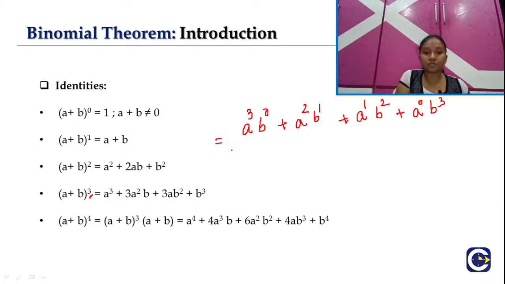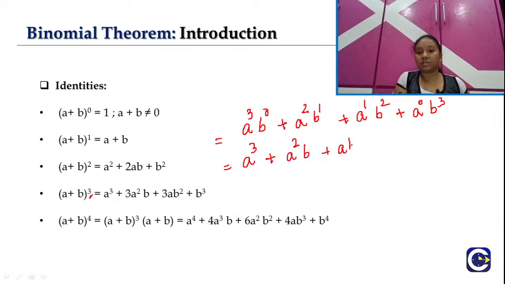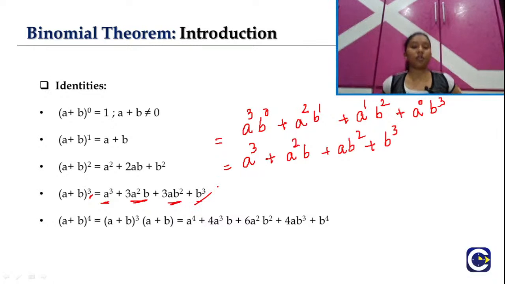Which means the terms have the powers a cube here, b power 0 will be 1, so no need to write it. Then a square b, then a b square, and then b cube. For now, just neglect the coefficients and focus on the variables, the terms. So it should be a cube exactly, a square b the next term, a b square the next term, and b cube. So how have we written this?